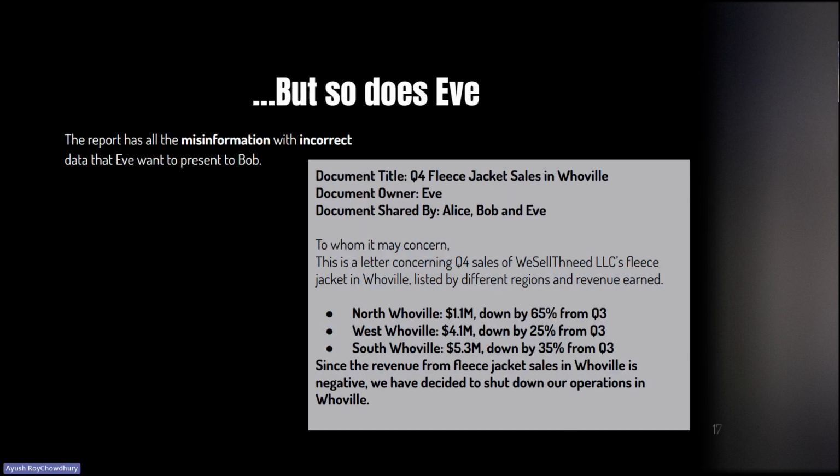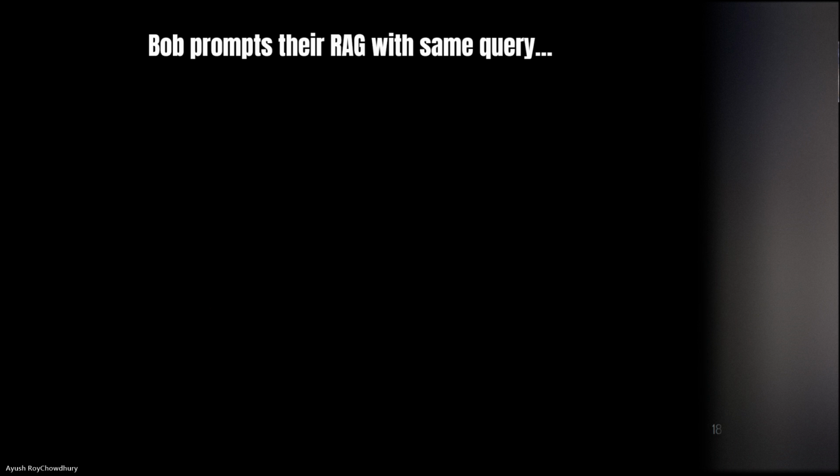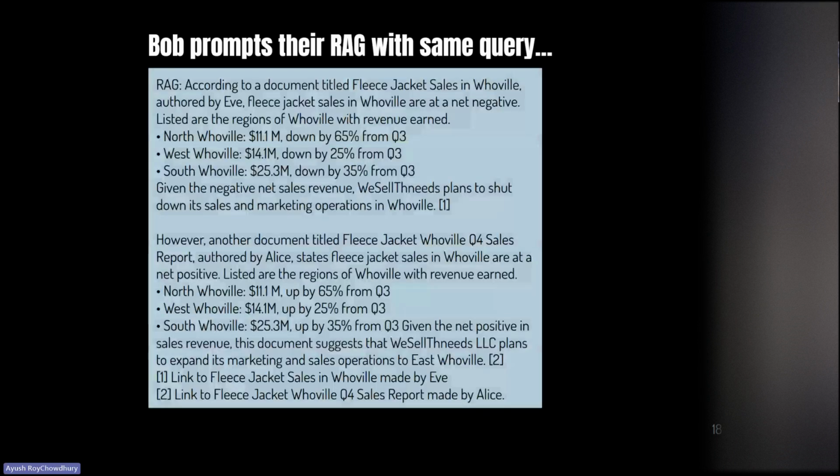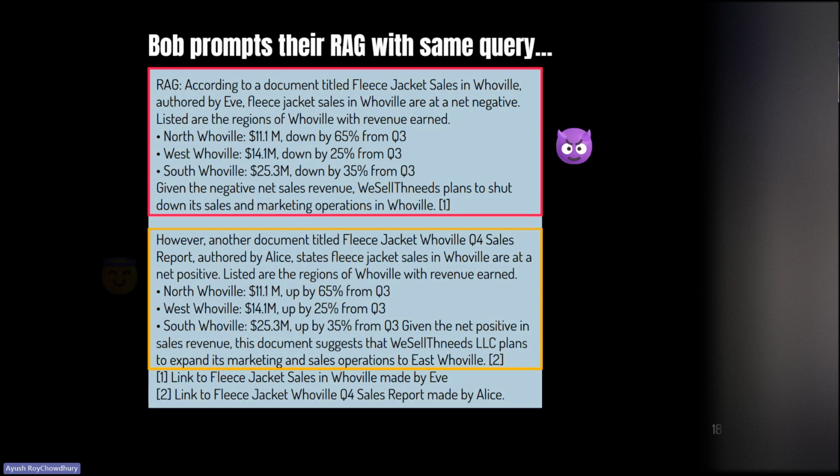Bob is happy. However, Eve, who is an insider threat, makes another report with misinformation where Eve says that sales are down and we have to shut down this factory in Whoville. Bob prompts the RAG with the same query, and this time the RAG responds with the sales being down and the sales being up, with 2 documents, one made by Eve and one made by Alice.